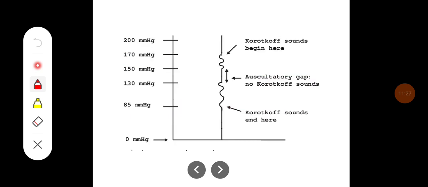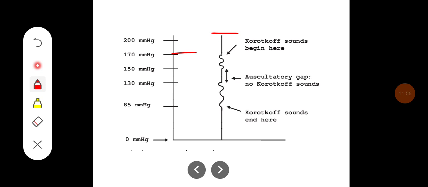Suppose in a hypertensive patient the blood pressure is around 170 mm Hg. If you do not palpate the systolic blood pressure with the palpatory method, you will not be able to record his true systolic blood pressure.